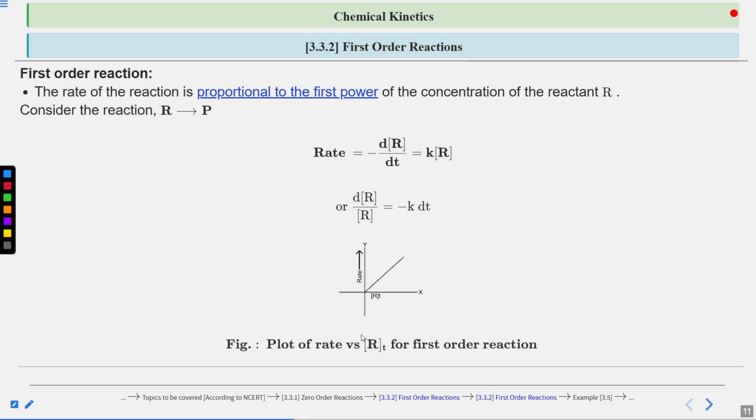This is a plot of rate versus R of t, that is the reactant concentration at time t, for the first order reaction. You can see that they are directly proportional: as the concentration of the reactant increases, the rate also increases proportionally.